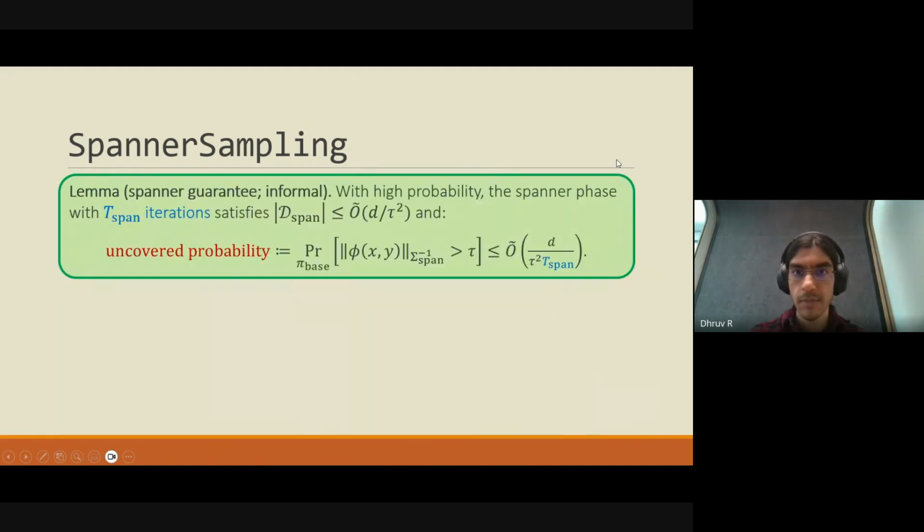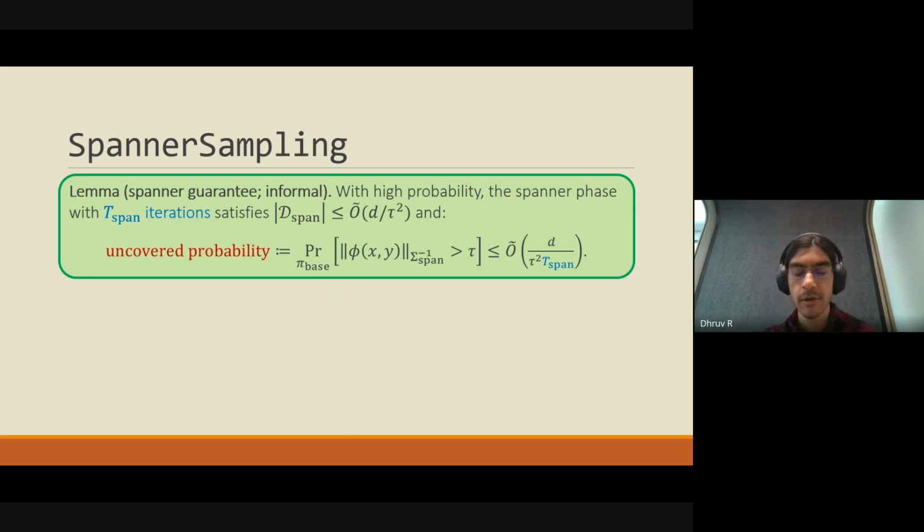So let's look in a bit more detail at what the guarantee looks like. The main guarantee of the spanner phase is just saying that if you run it for T-span iterations, even if T-span is super large, the size of the spanner stays bounded by roughly the dimension d. And also, the uncovered probability decays like 1 over T-span.